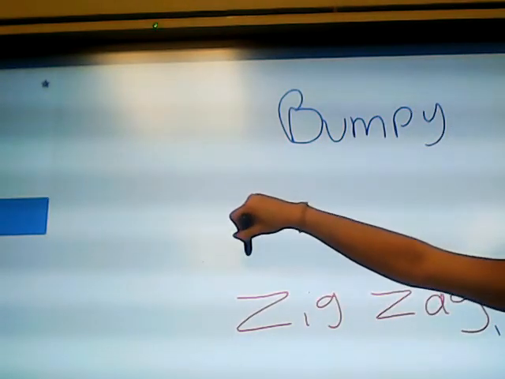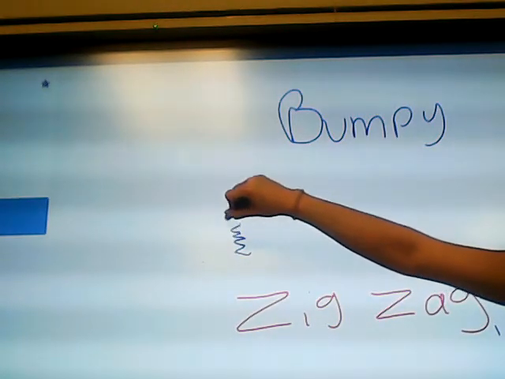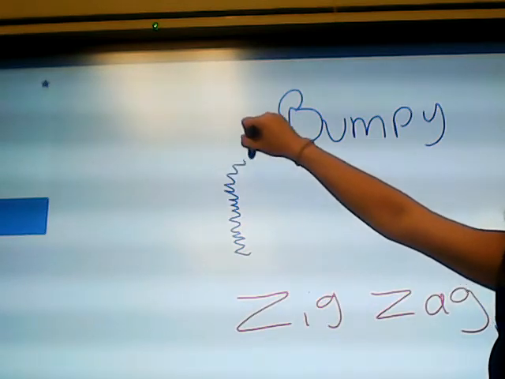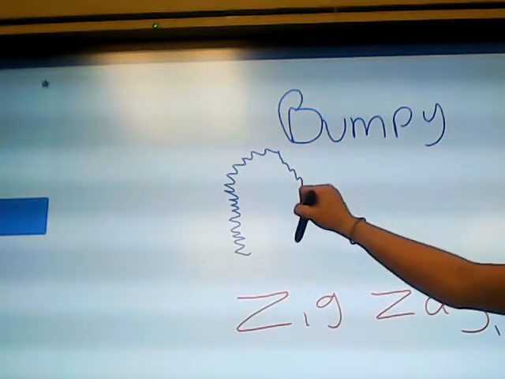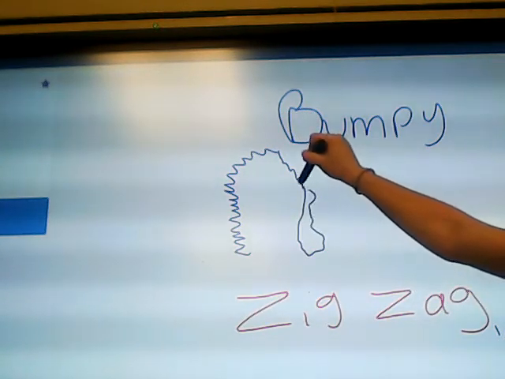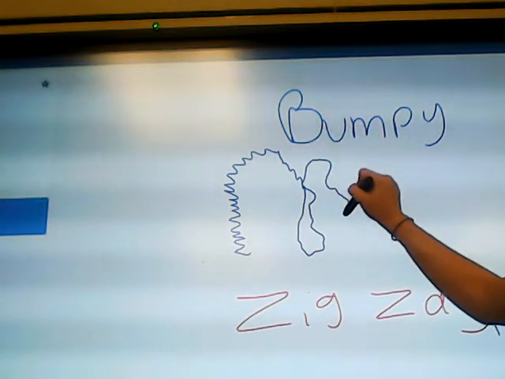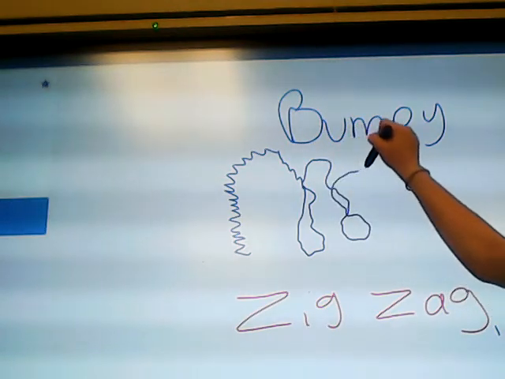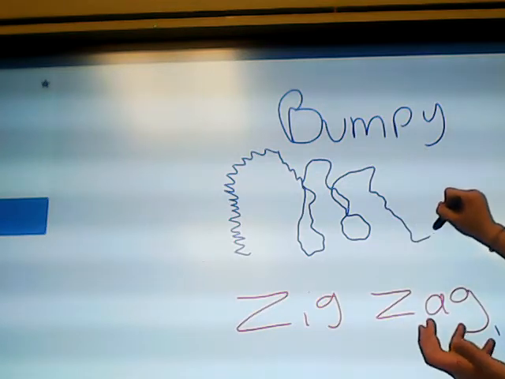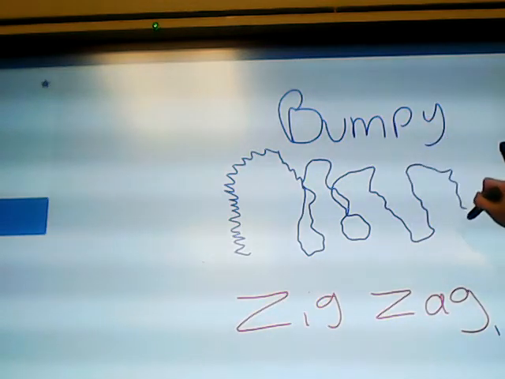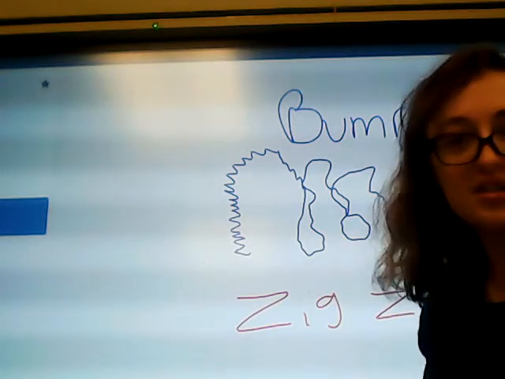So I'm taking my pen and I'm kind of just moving it both ways, all in different directions to make it look almost like rocks. Bumpy. Just like that.